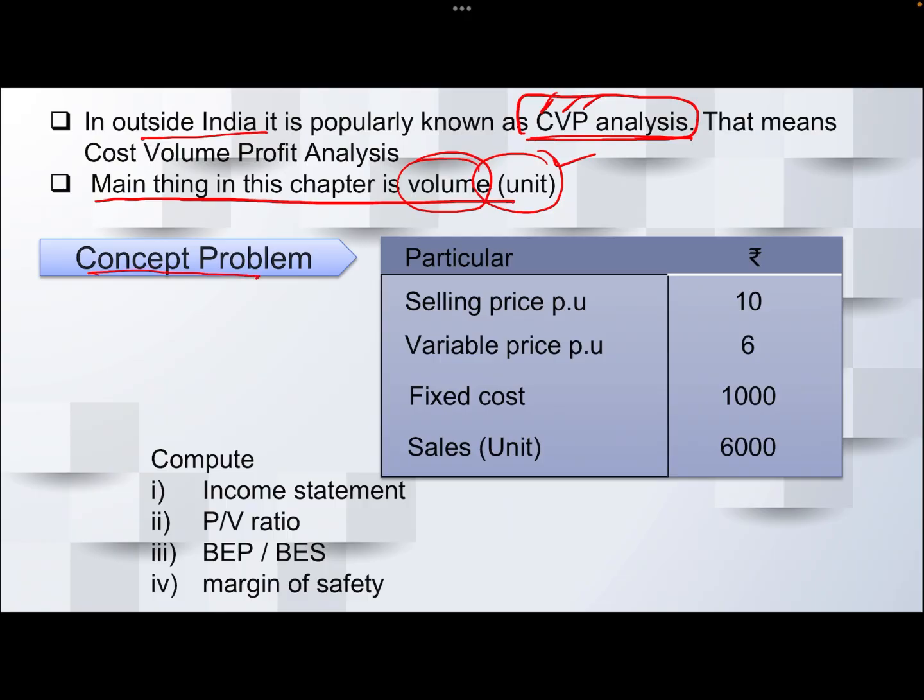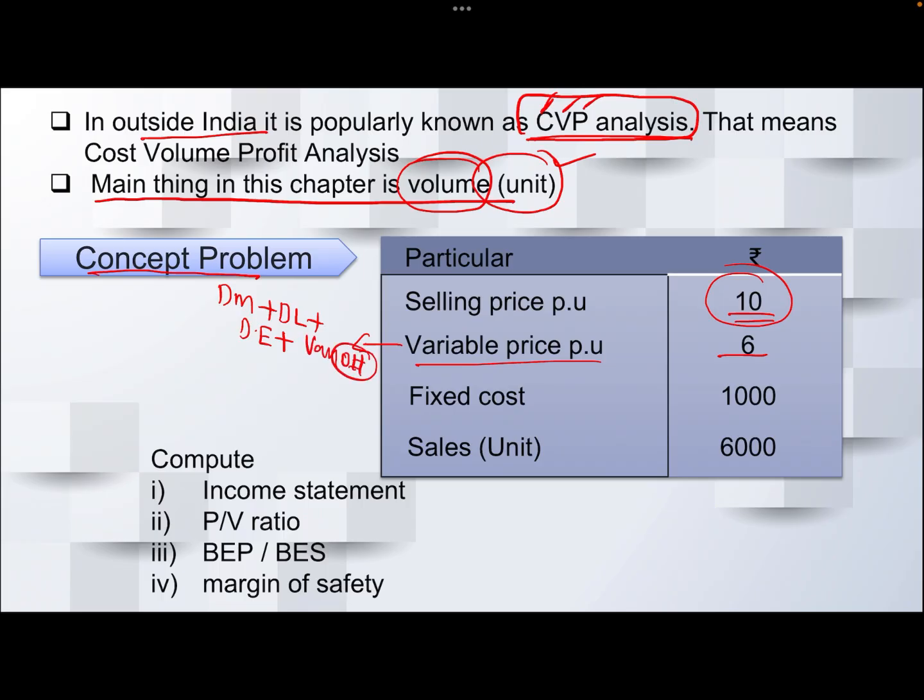Concept problem, just read it. Selling price per unit is 10. I think we can take a pen as an example. Selling price per pen is equal to rupees 10. Variable cost per pen is equal to 6. We know that this variable cost includes direct material plus direct labor plus direct expense plus variable overhead.